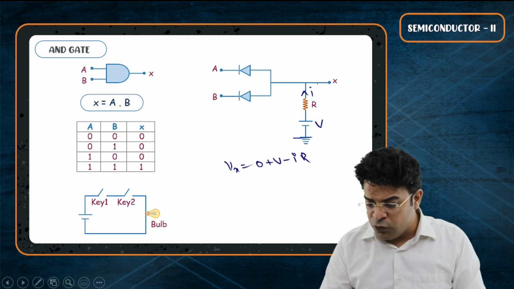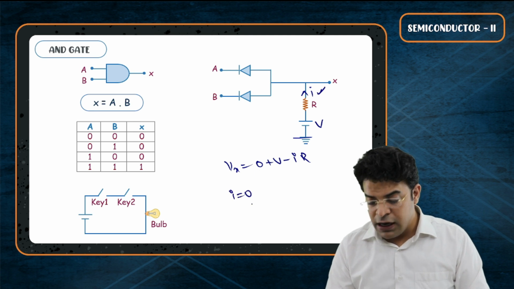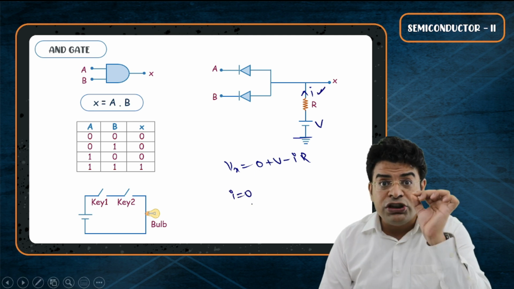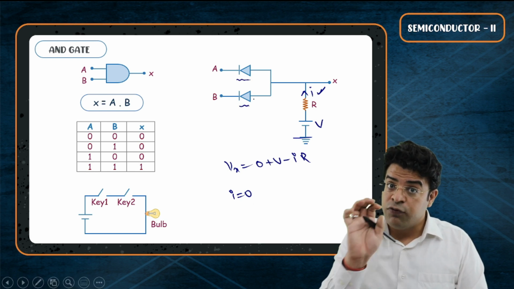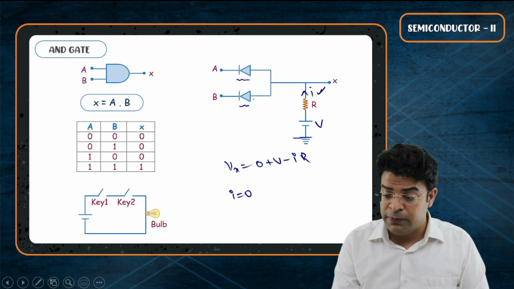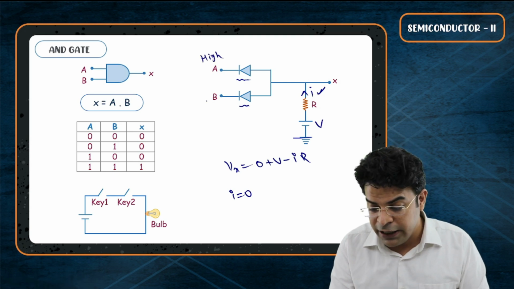If the current flowing in this line is 0, and the current will be 0 only when both the diodes are reverse biased, and for both the diodes to be reverse biased, both A and B should be high.